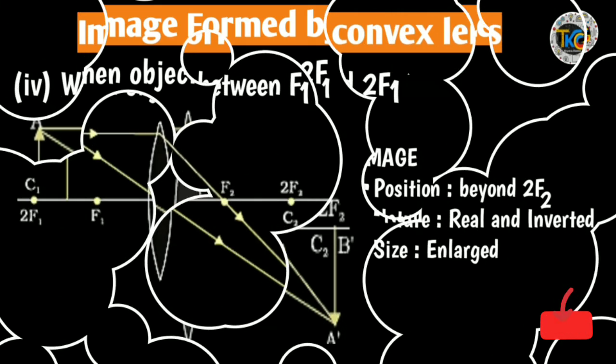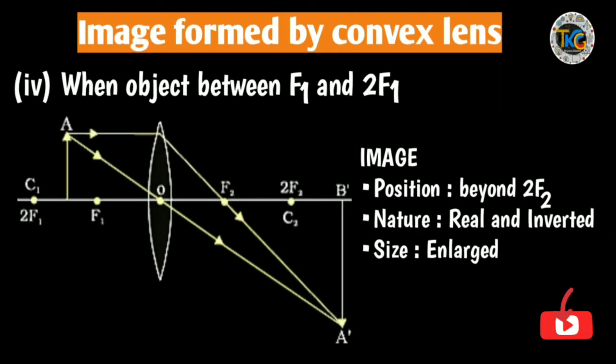Now case number 4, that is when the object is between f1 and 2f1. Condition same, one ray parallel to the principal axis passes through the focus, and another ray passes through the optical center and remains unchanged, that is there is no deviation, and these two rays meet at point a dash. Here a dash b dash is the image for AB, and just see, a dash b dash is placed beyond 2f2.